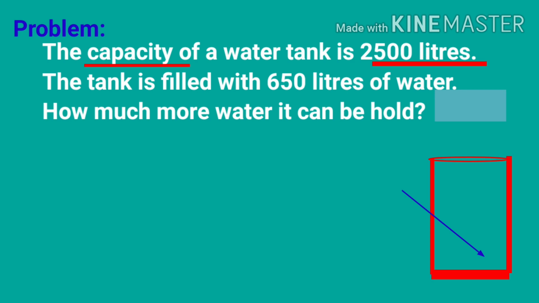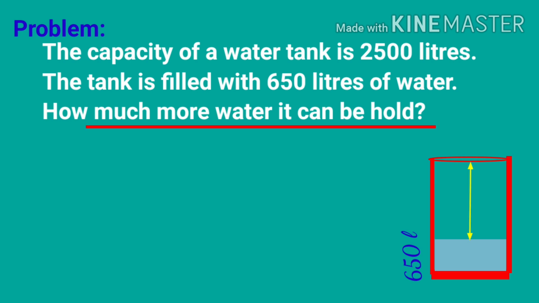But now the tank is filled with 650 liters of water. The question asks us how much more water it can hold. Children, what is the keyword used here? Yes, you are right again. The keyword used here is how much more. It clearly explains we subtract in this problem.